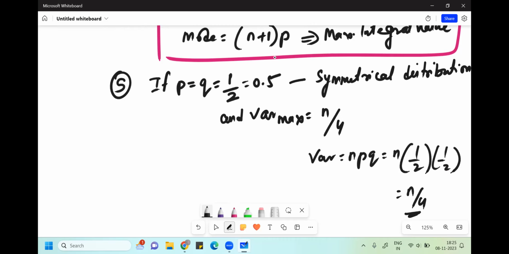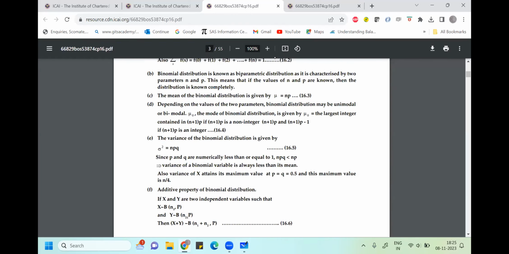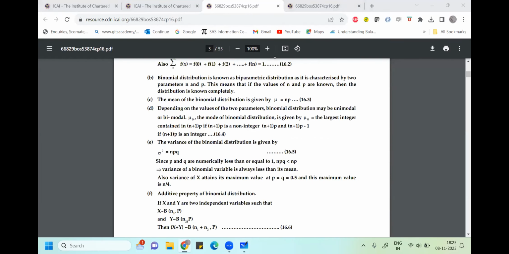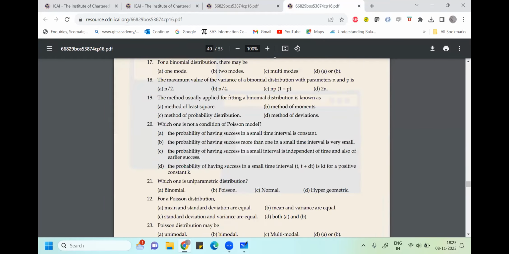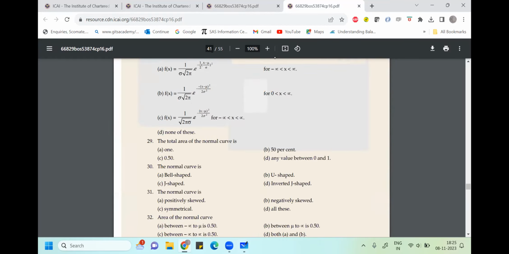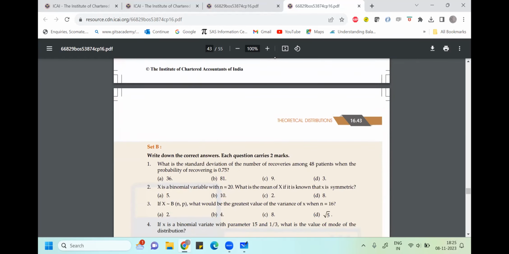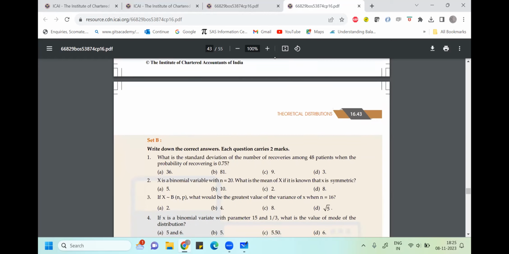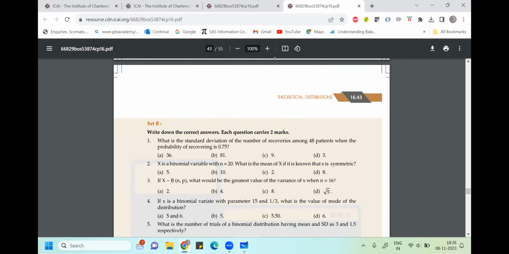There is one question based on this in the module. If I go below to section B, set B, if you see question number three, what would be the greatest value of the variance of x where n is equal to 16?